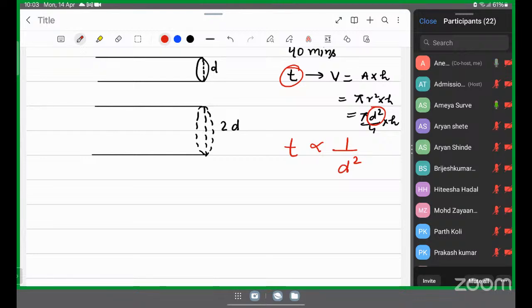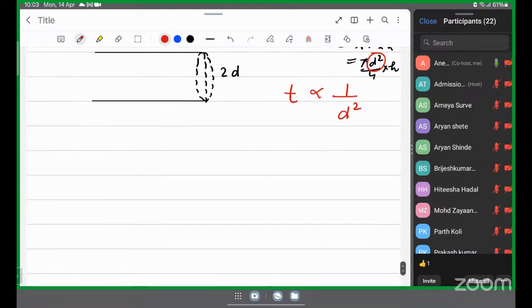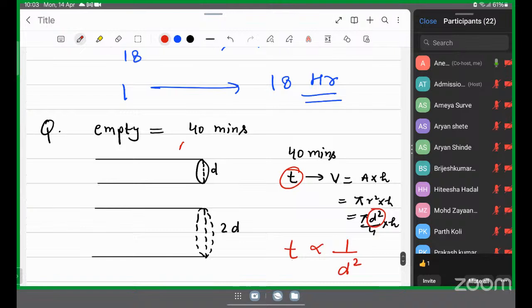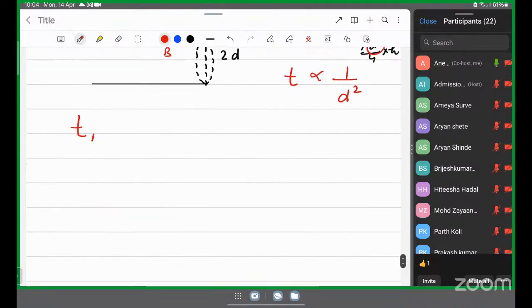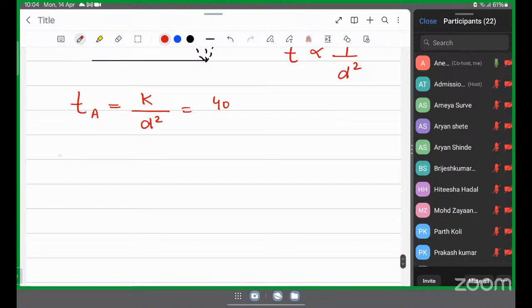Understood, sir. Okay. Now let's say time taken by A and B. Time taken by pipe A can be given as K by D square, which is 40 minutes. The proportionality sign is removed by using K. What will be TB?